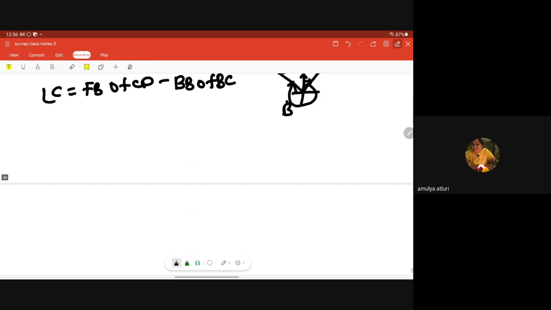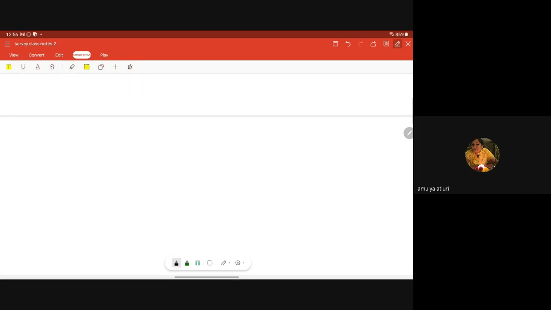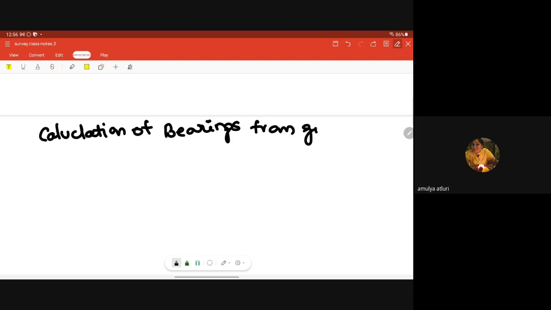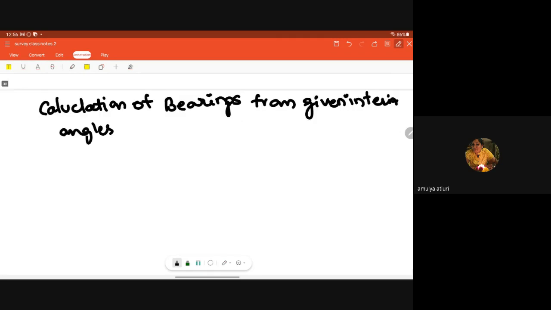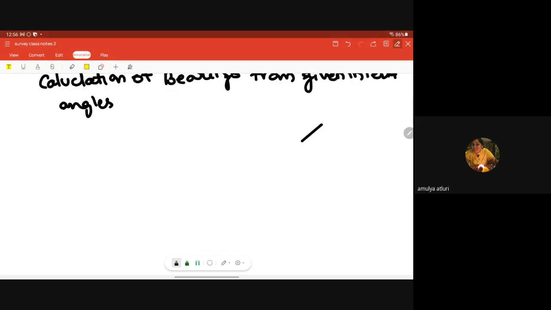So how do we calculate bearings from given interior angles? If interior angles are given, then how do we go about the bearings?